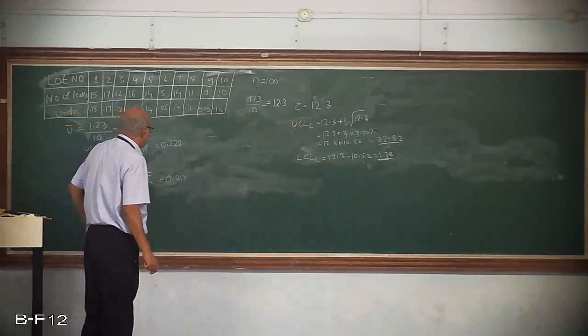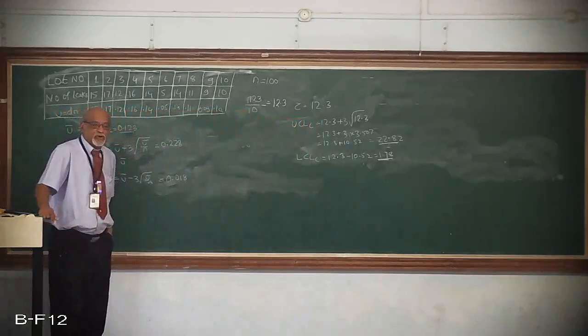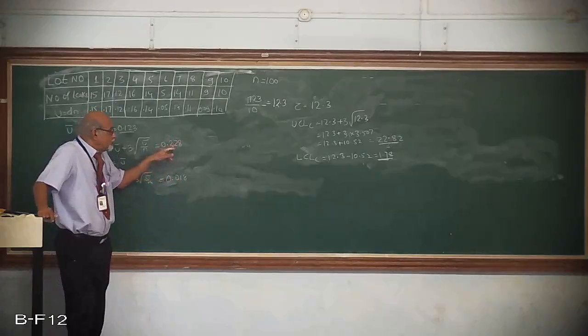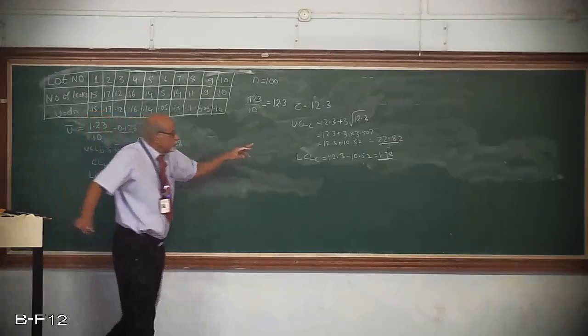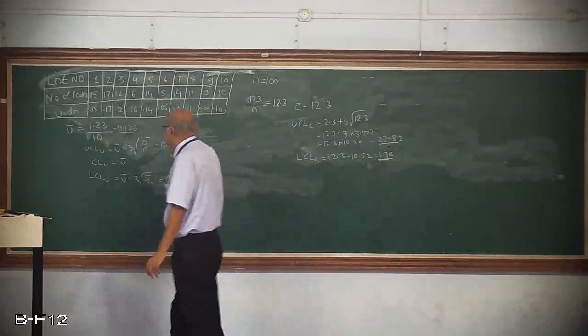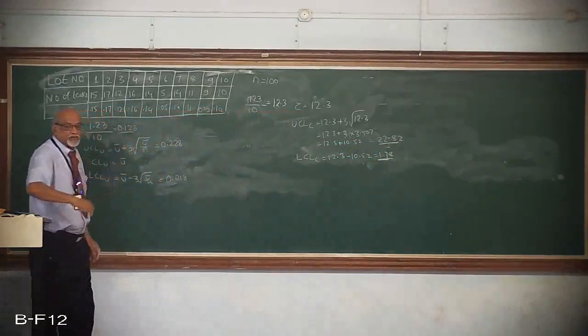Okay. So almost it works out to be the same. You just observe over here. Now this is 22.82. That means if you multiply it by 100, we are going to get the same thing, whatever I got there.